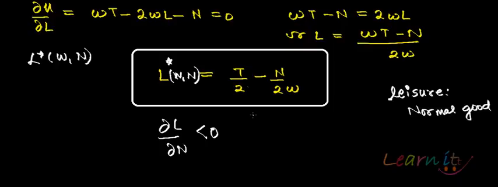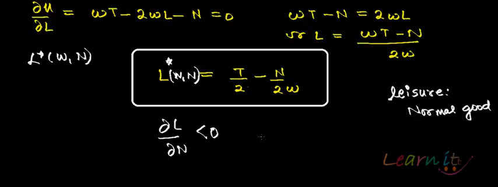Yes, of course, it'll be negative. Since leisure is a normal good, when income N increases, demand for leisure will increase and demand for labor will fall. This L is labor. So del L by del N is negative.